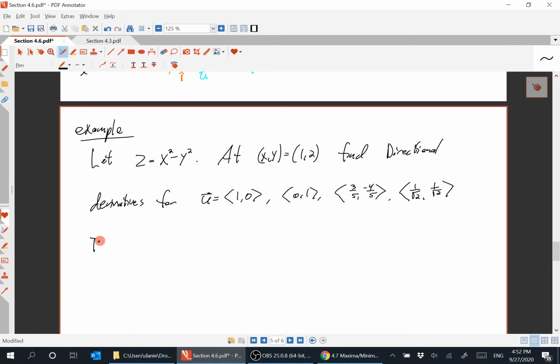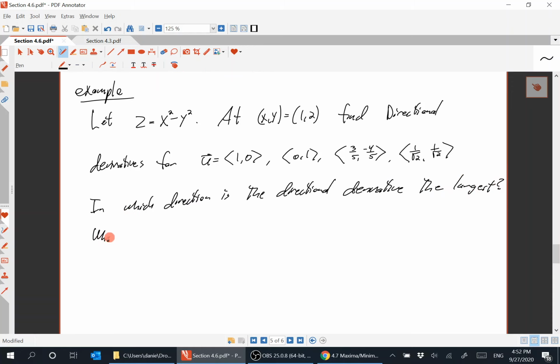Okay, in which direction is the directional derivative the largest?